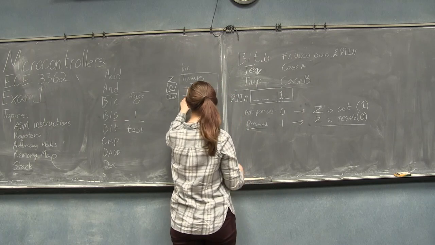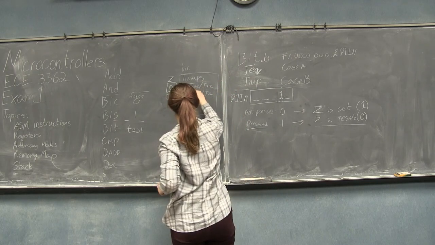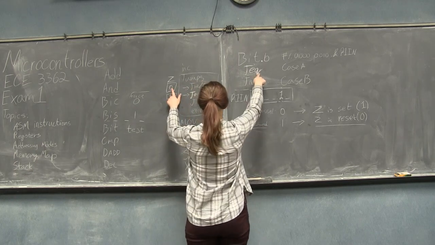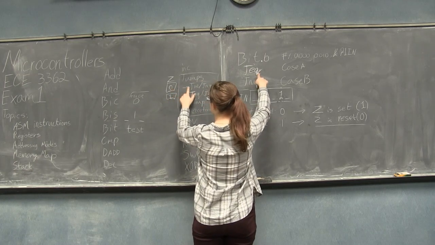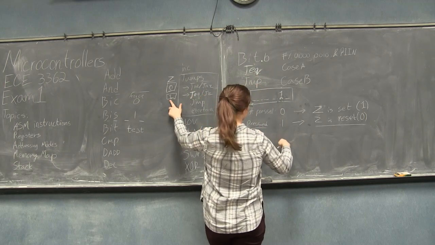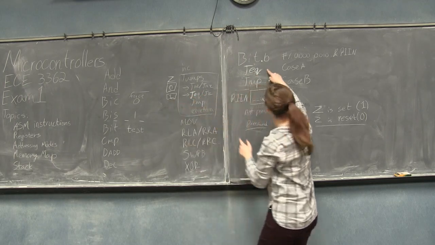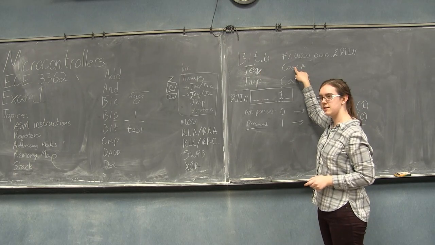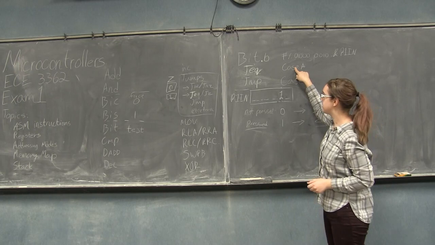But when it's 0, we branch if it's not equal, but this instruction is equal. So would we branch to case A here? No, this is actually the opposite case.